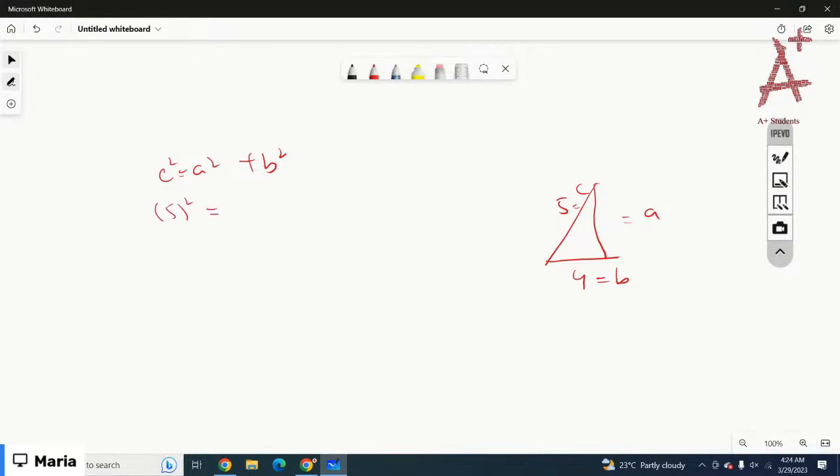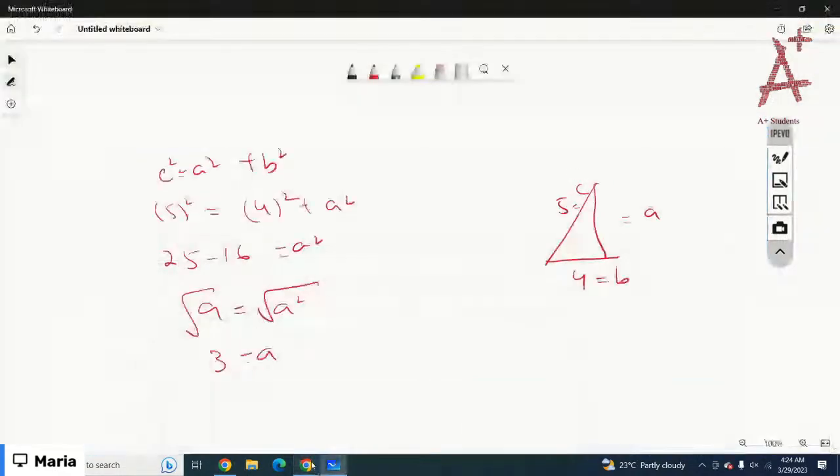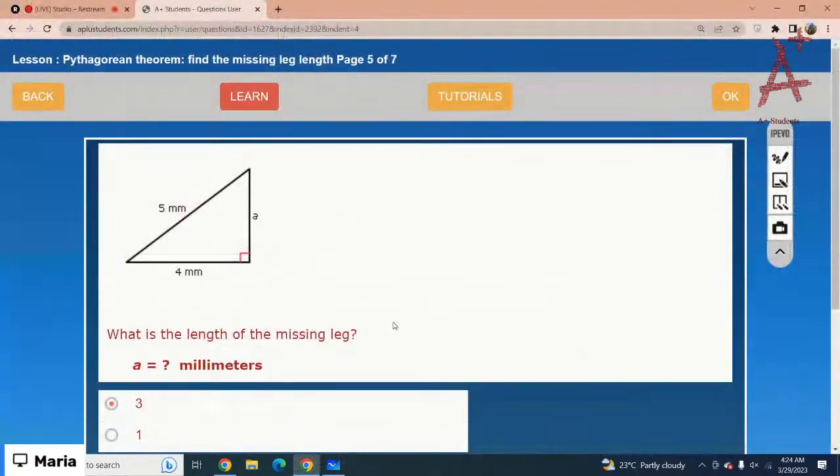C is 5, so it is 5 square equals 4 square plus a square. Move 4 square to the other side, it would be 25 minus 16. That would be 9. And when you square root, it equals 3. That means a equals 3. Got it? The correct option is 3.